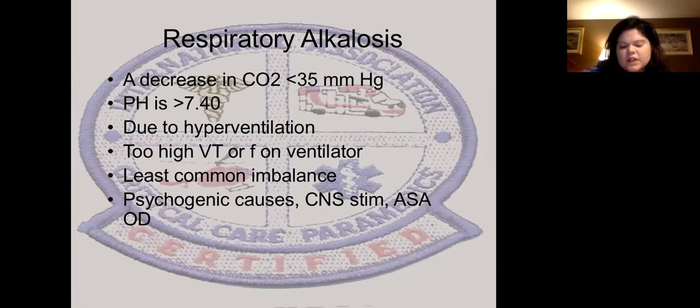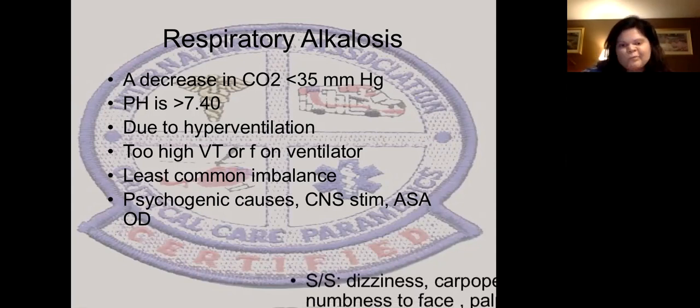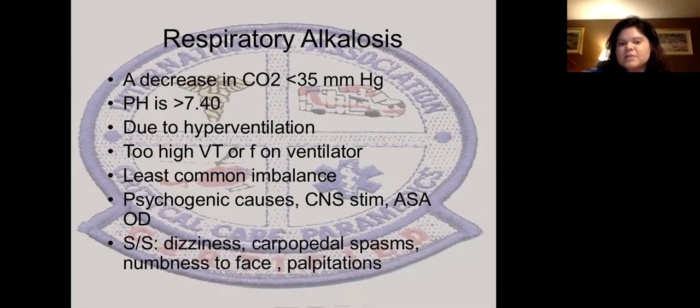Psychogenic causes could be CNS stimulants or aspirin overdoses. And then the signs and symptoms of this could be dizziness, carpopedal spasms, numbness to the face, any palpitations. So that's your respiratory alkalosis. And it's definitely a result of alveolar hyperventilation.